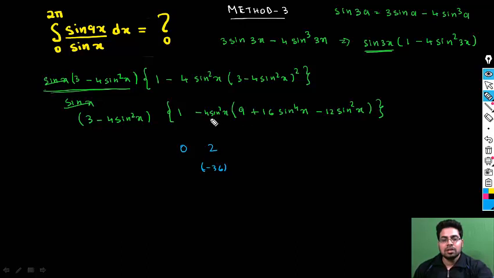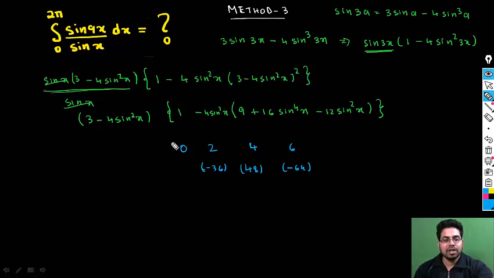Here this sine to the power 4, the coefficient of sine to the power 4 is minus 12 into minus 4, that is 48. Now sine to the power 6 means 16 into minus 4, which gives minus 64.